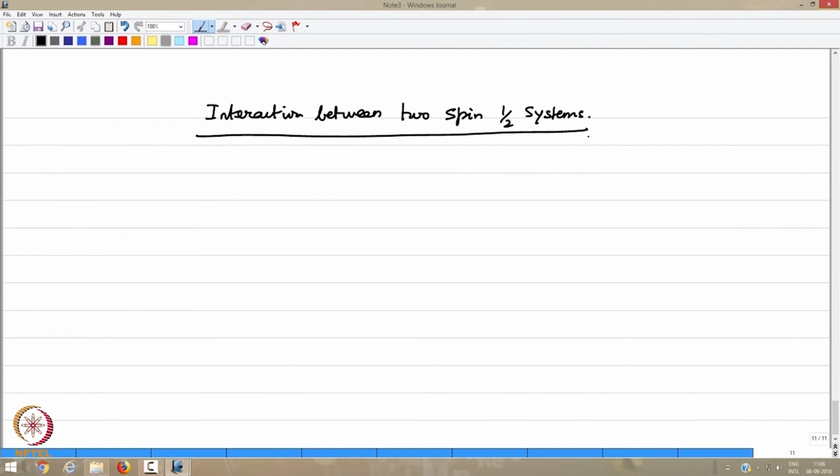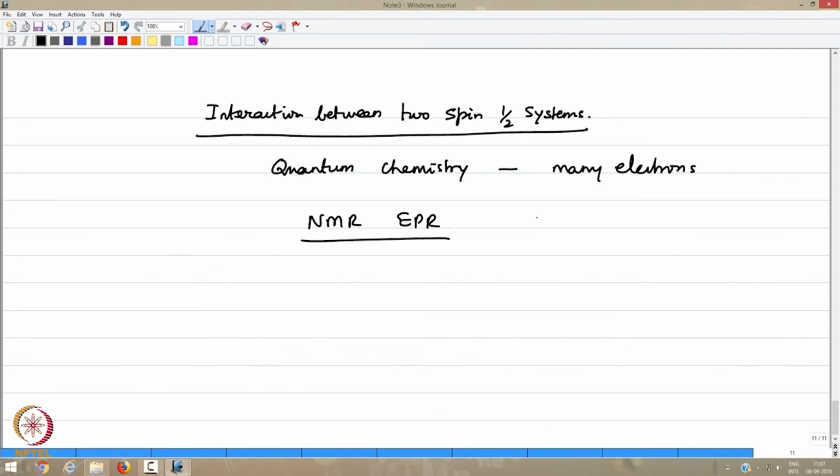The interaction between two spin half systems in quantum chemistry is of course extremely important because we deal with electrons, many electron systems, and in nuclei we deal with nuclear magnetic resonance, electron paramagnetic resonance, NMR spectroscopy, EPR spectroscopy, anywhere two spin half systems interact. Orbital angular momentum is an integer angular momentum. We are only talking about two spin half systems. So, these are all areas where the interactions have to be studied.